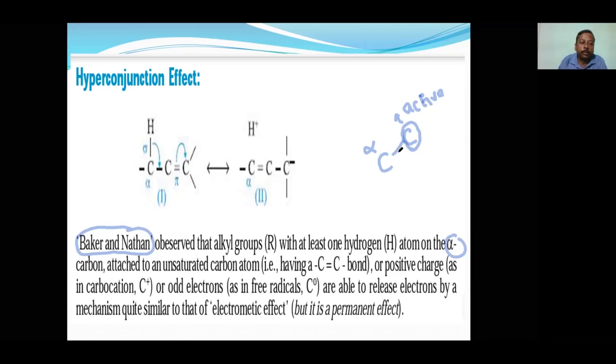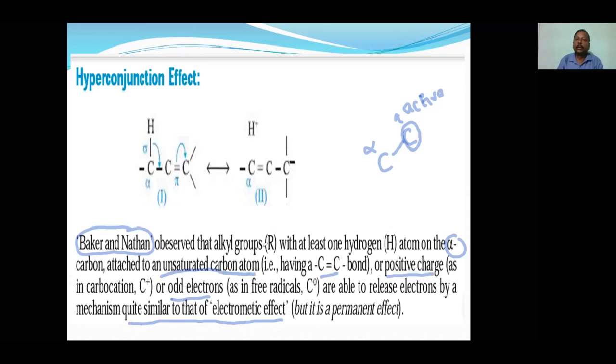Okay. Now, unsaturated carbon atom. So, what is active carbon? See, first it can be an unsaturated hydrocarbon, that is a pi bond, or it can be a positively charged carbon atom. It can be an odd electron carbon atom. Okay, able to release electron quite similar to that of the electromeric effect.